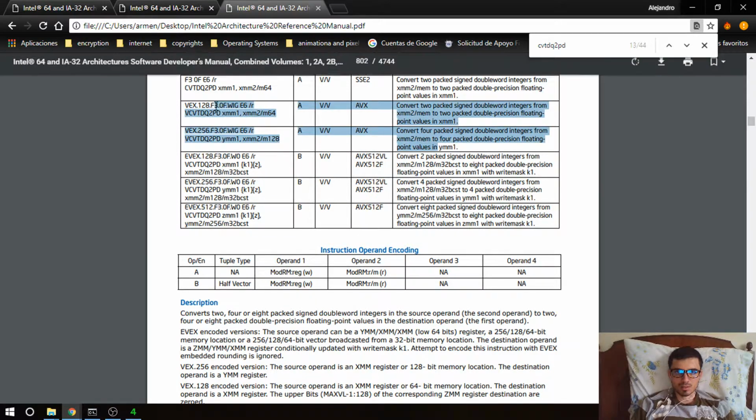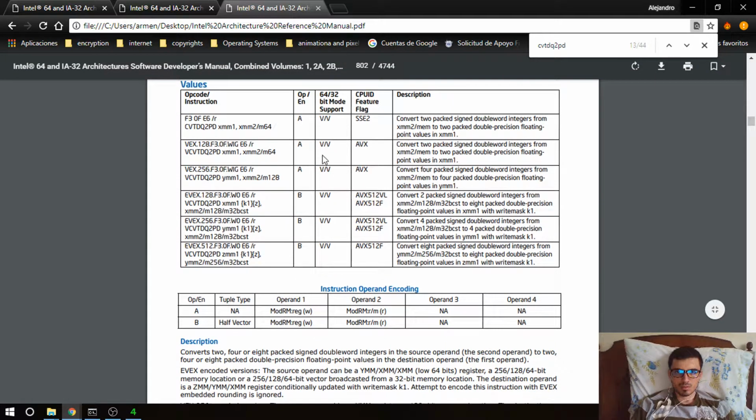And this is AVX alone. And this is SSE2.